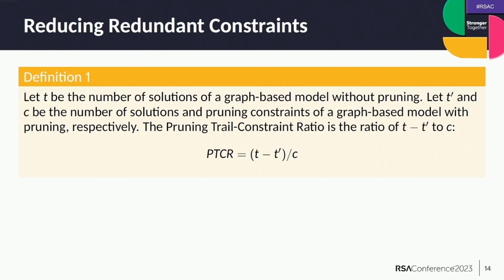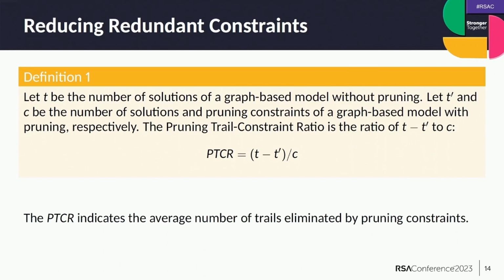The pruning trail constraint ratio is defined as the ratio of T minus T prime to C. The PTCR indicates the average number of trails eliminated by pruning constraints.